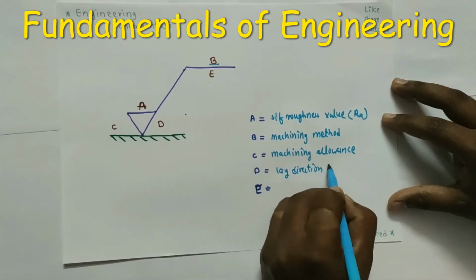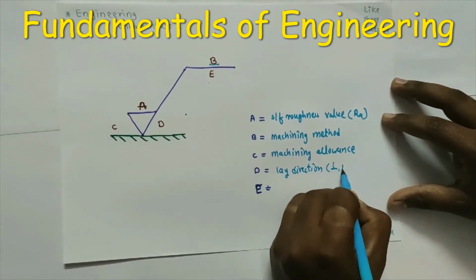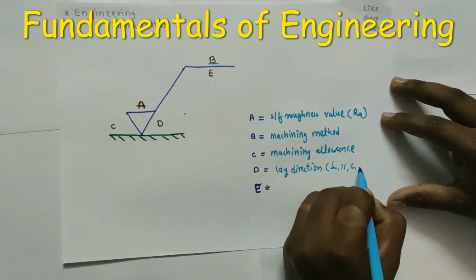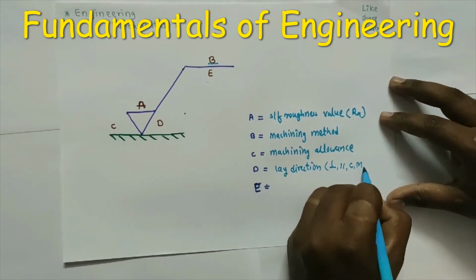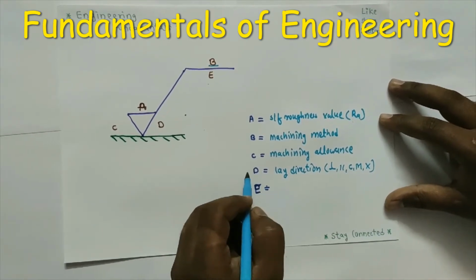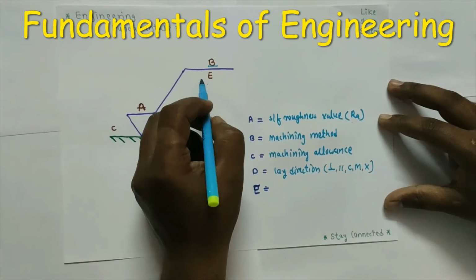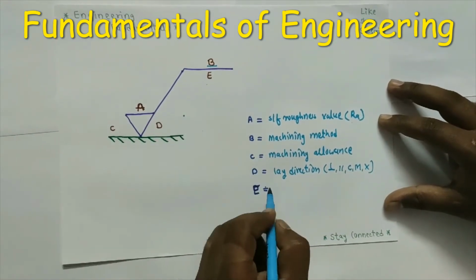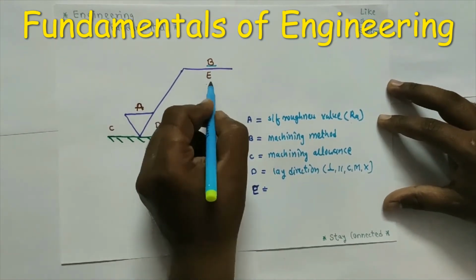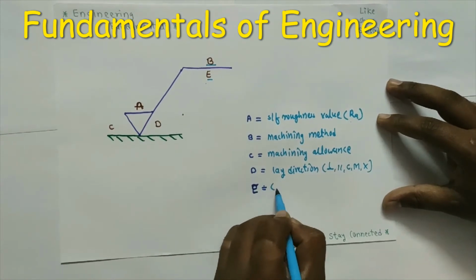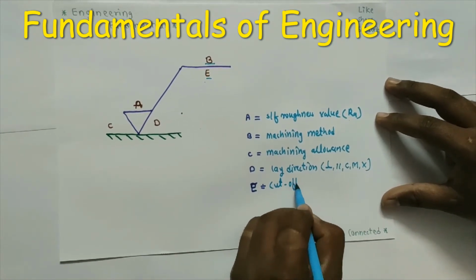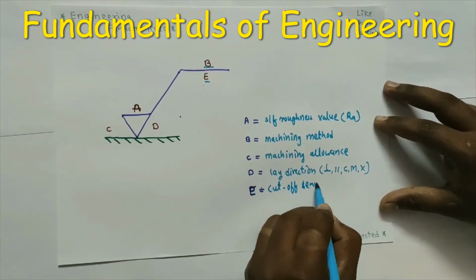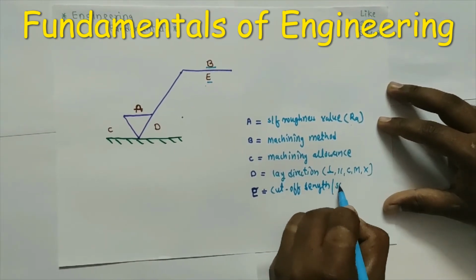This direction can be perpendicular, parallel, circular, multidirectional or angular, and this is the lay direction we write. And the cutoff length for which we have measured is written here. E stands for cutoff length, also called sampling length.